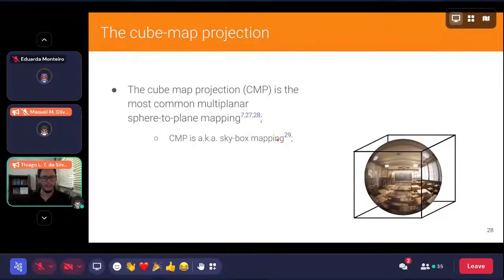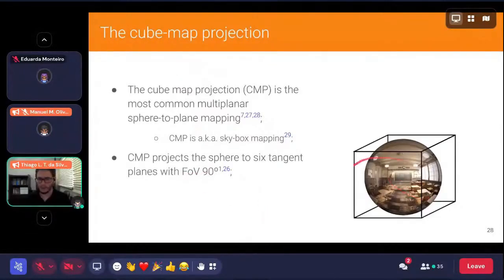Okay. Well, just for the record, the cube map projection is also known as a skybox map. So each face of this cube will actually represent a portion of the sphere with 90 degrees, with an FoV of 90 degrees.